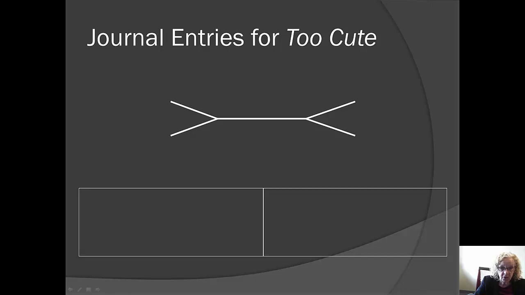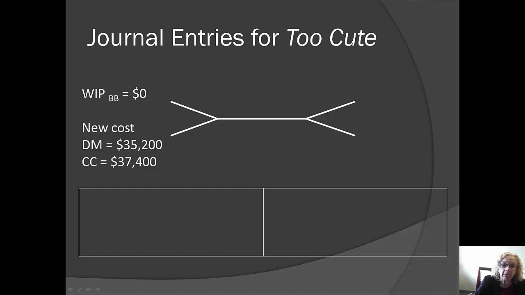Now, let's take a look at those costs on the fishbone diagram and see what the journal entries would be like for Too Cute. We started out the period with no beginning inventory. During the period, we started new units, and we did that by adding materials and adding conversion costs to the molding department.